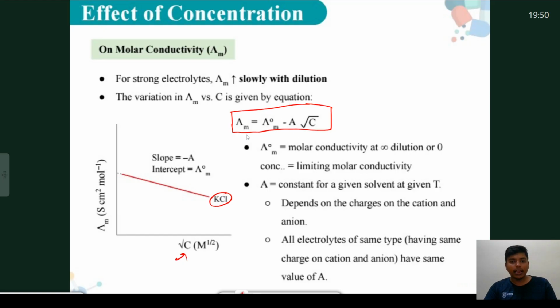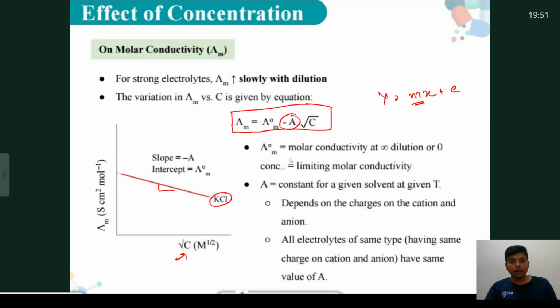By this equation you can calculate; it is a straight line equation, y is equal to mx plus c, where the slope is minus a, so it is a negative slope. That's why the molar conductivity of neutral salts decreases in a straight line.